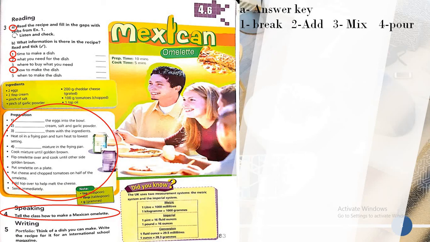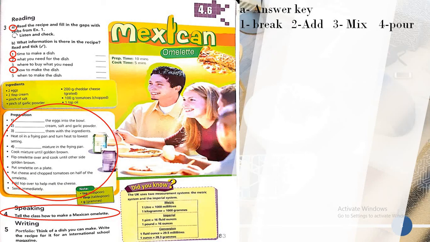Okay, an omelette, a pancake, a cupcake, a chocolate cake, cheesecake, tacos, something special like pizza, fish pizza or chicken pizza or cheese pizza, etc.